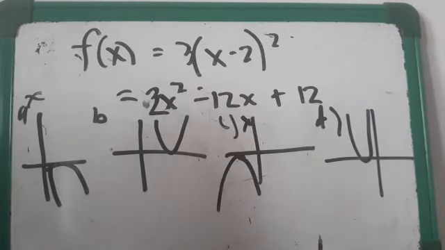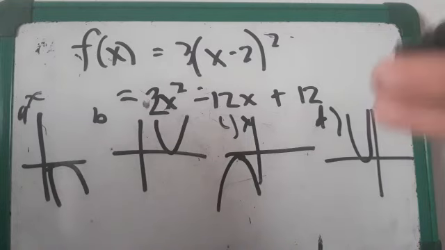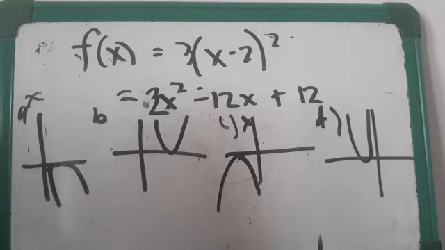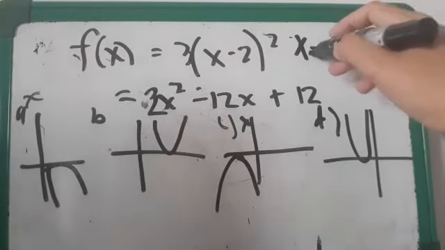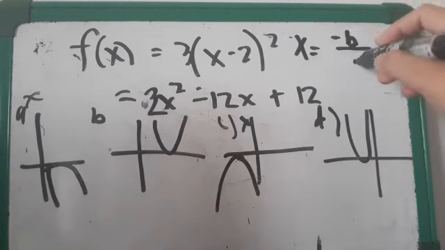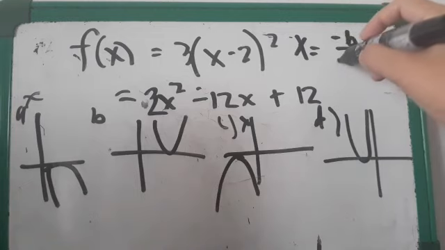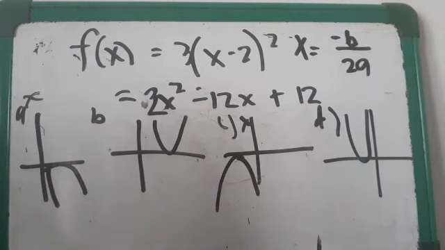So, ngayon, paano natin malalaman kung positive or negative ba, kung nasa positive x ba tayo or sa negative y, negative x. Kukunin natin yung vertex. So, para makuha natin yung vertex, x is equal to negative b over 2a. Okay?